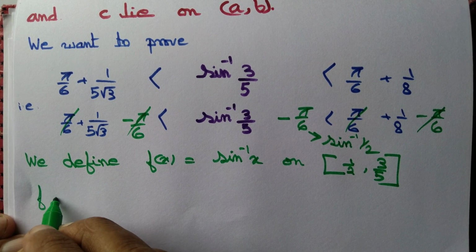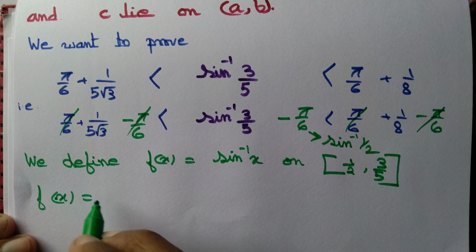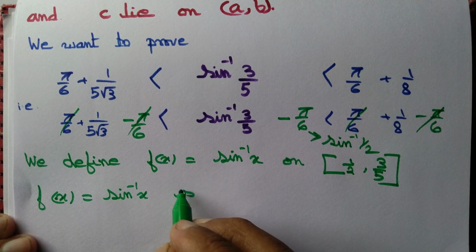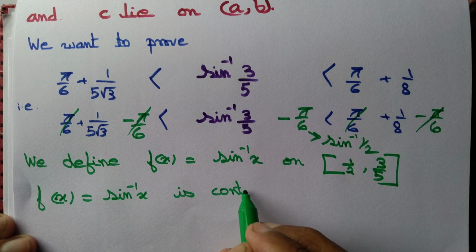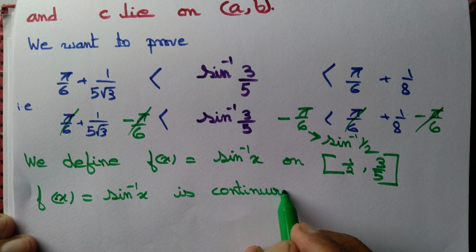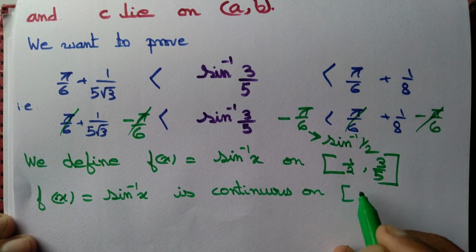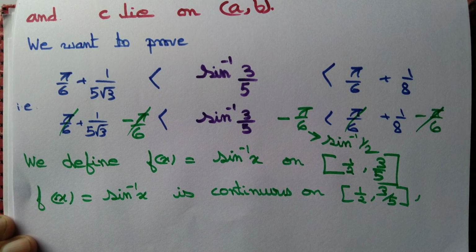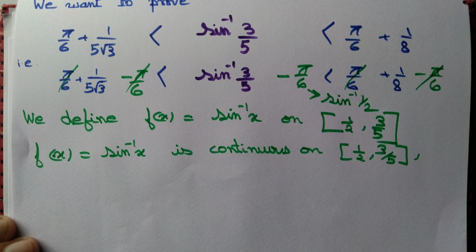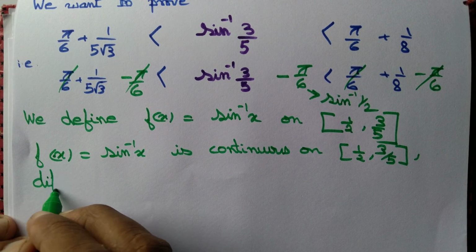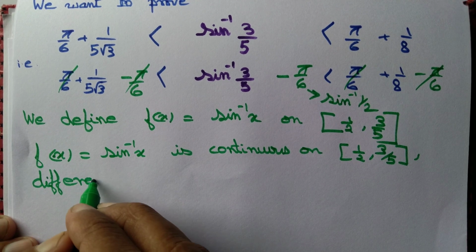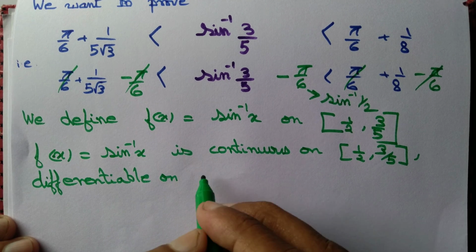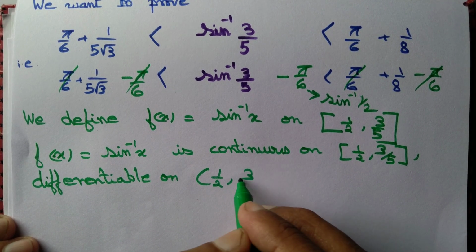Then f x equal to sine inverse of x is continuous on the closed interval half comma 3 by 5, and differentiable on the open interval half comma 3 by 5.